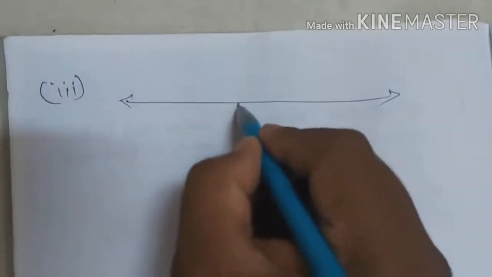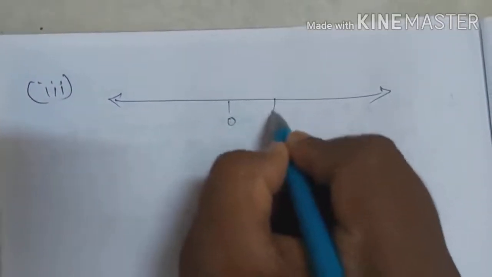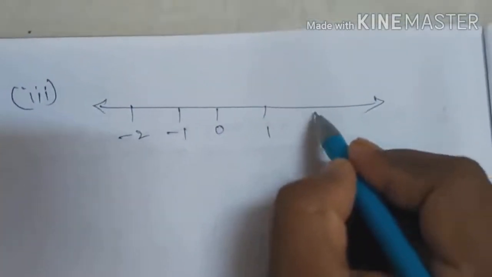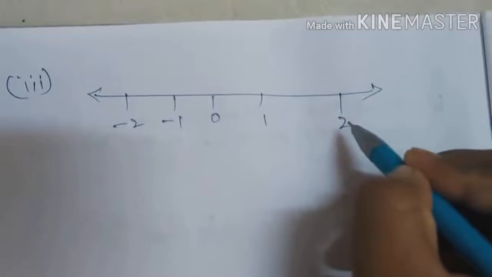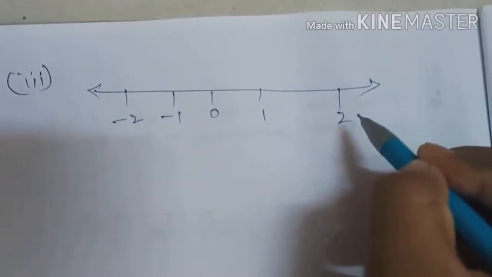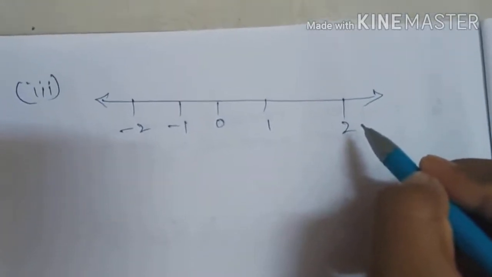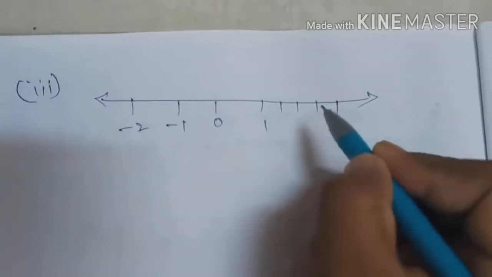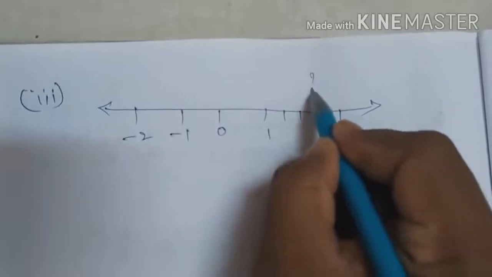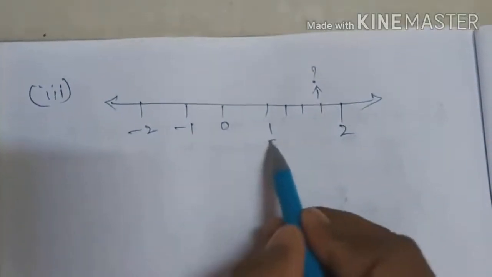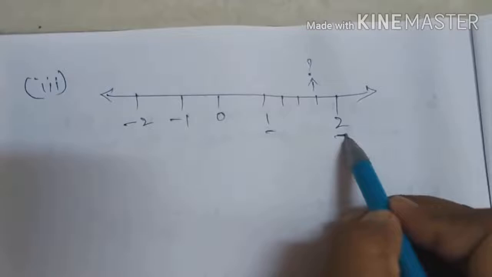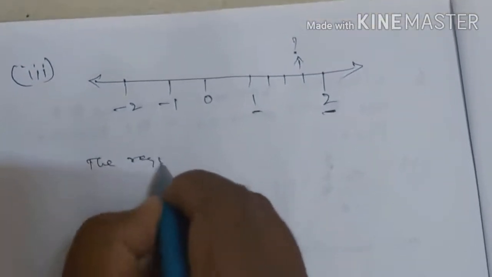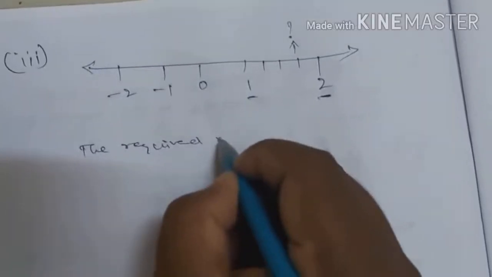Third question. Now between 1 and 2, how many parts? 1, 2, 3, 4, 4 parts. The fourth one is only asking the question, in between 1 and 2. So the required number lies between 1 and 2.